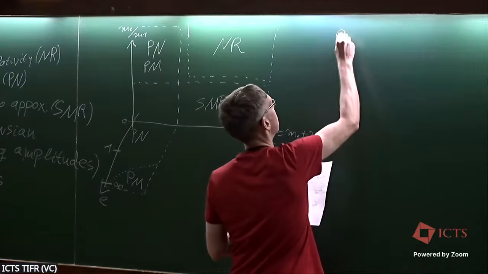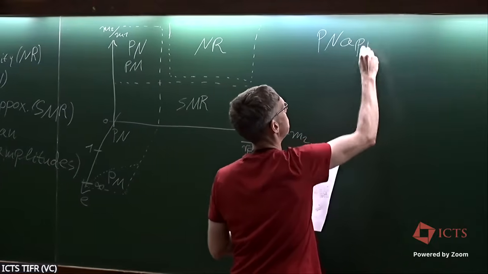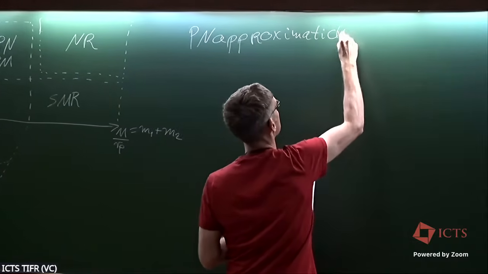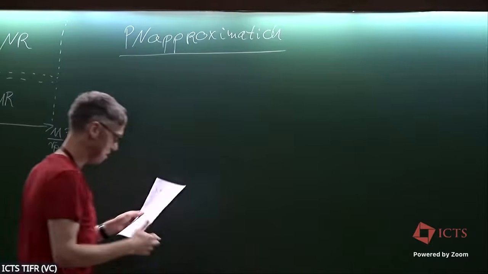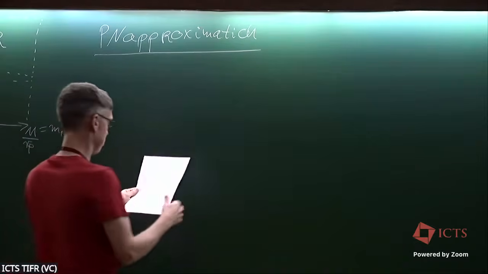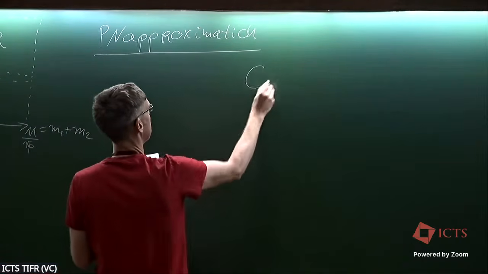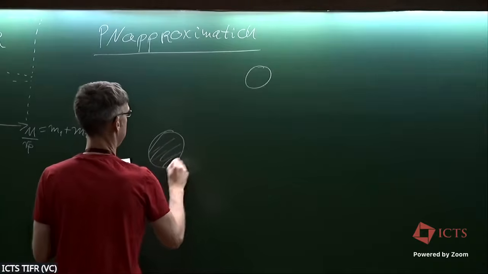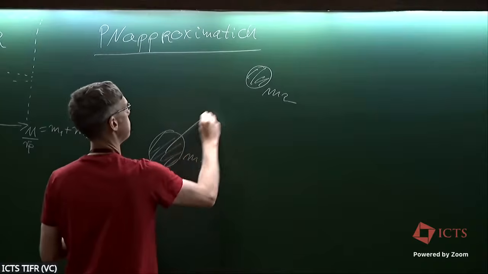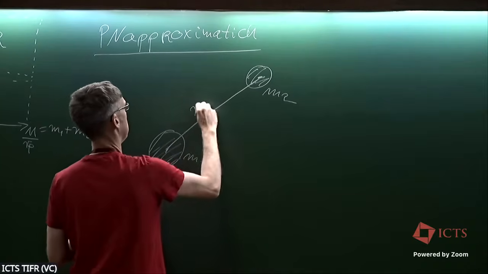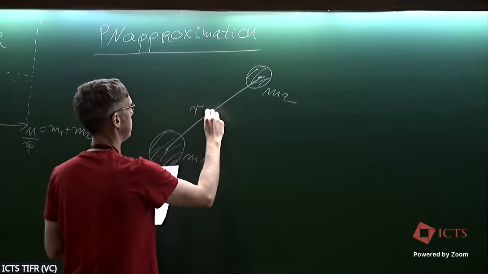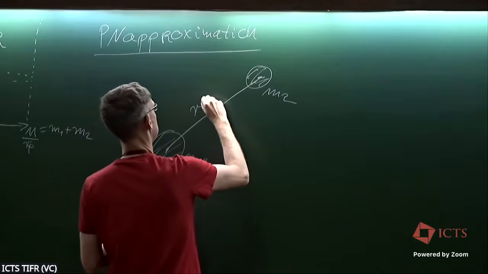So the PN approximation, as I briefly said already, is a weak field and slow motion approximation. So if we have our binary here at some separation r, let me call this the orbit scale.